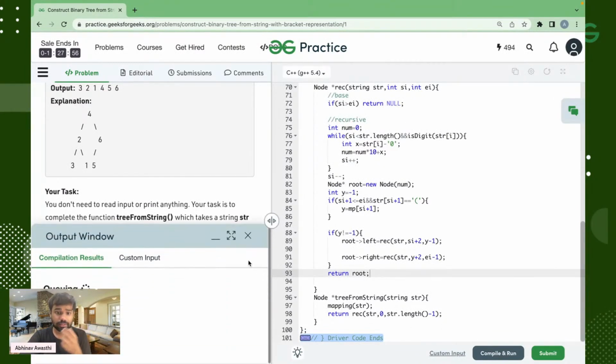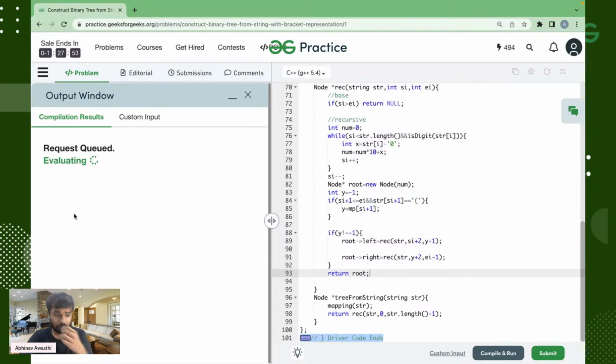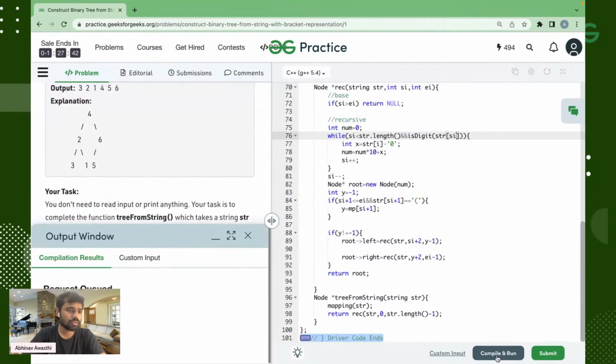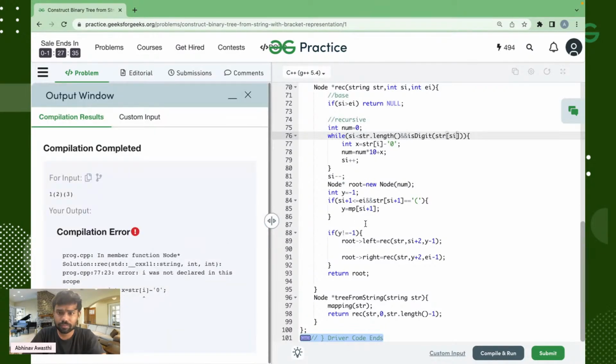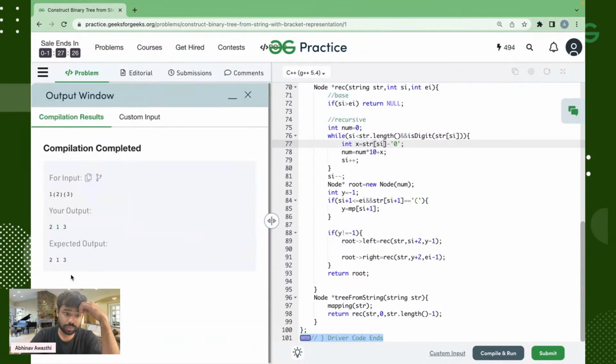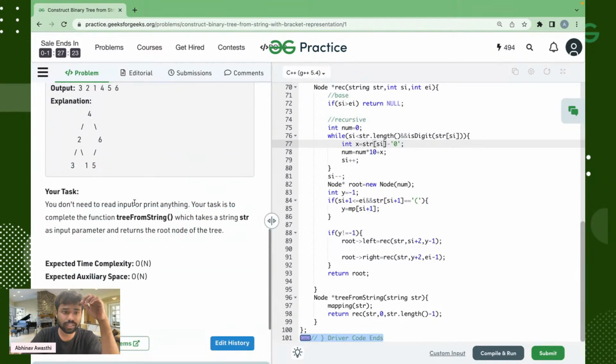Let's compile this. Yeah, this is something where we have got the right answer.